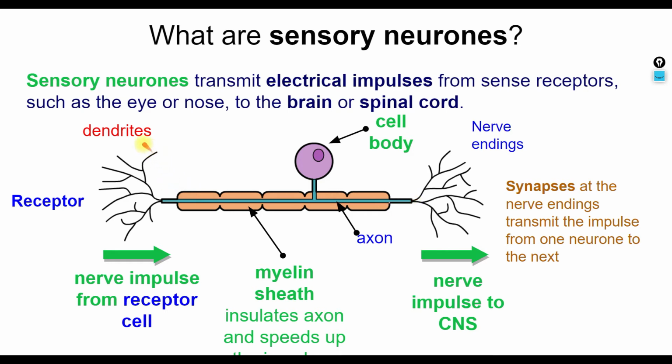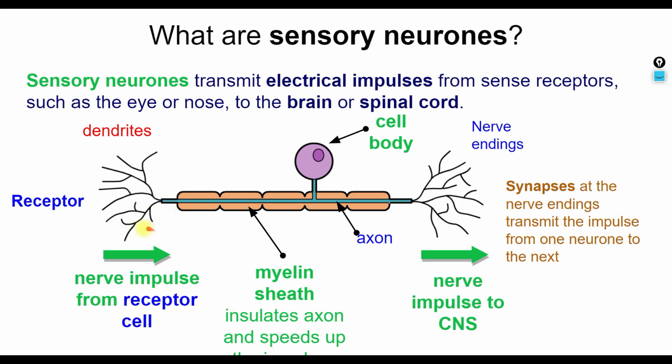Now, at the beginning of every neuron, we have little branches called dendrites. Dendrites are at the beginning of a neuron. What I mean by beginning is it's the part of the neuron where the electrical impulse begins.